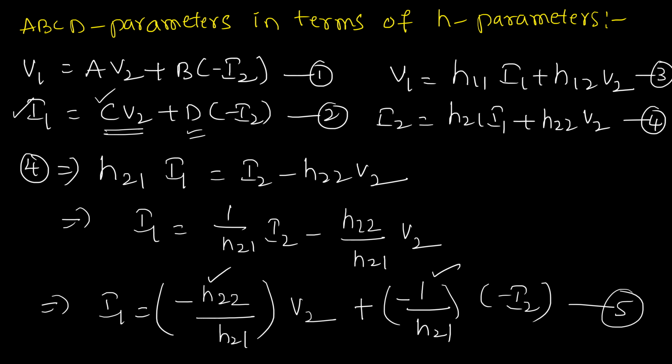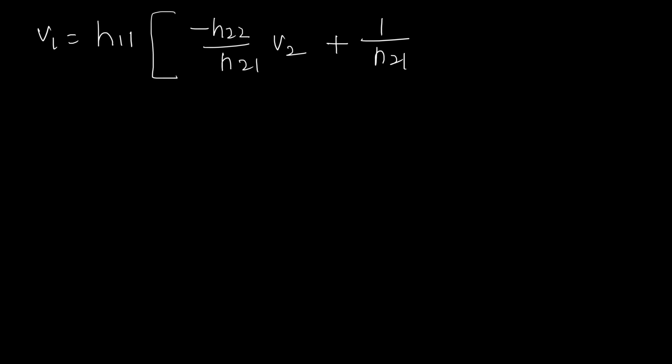Okay, so now what do we do? You substitute this fifth equation in equation 3. Okay, so let us substitute and see what we can get. V1 equal to H11 into I1. Instead of I1, you may substitute here as minus H22 by H21 into V2 plus 1 by H21 into I2, plus the rest of the part, that is H12 into V2.